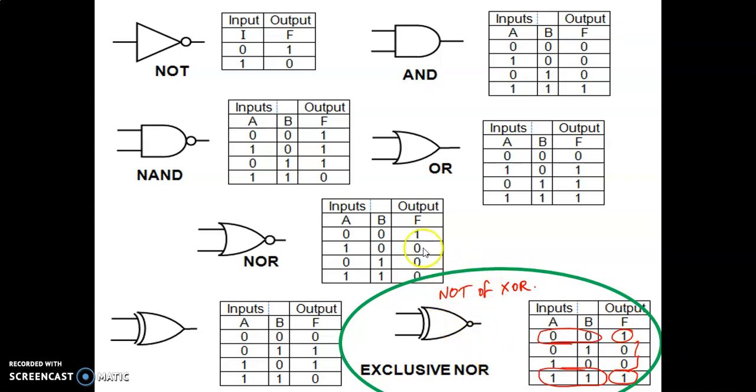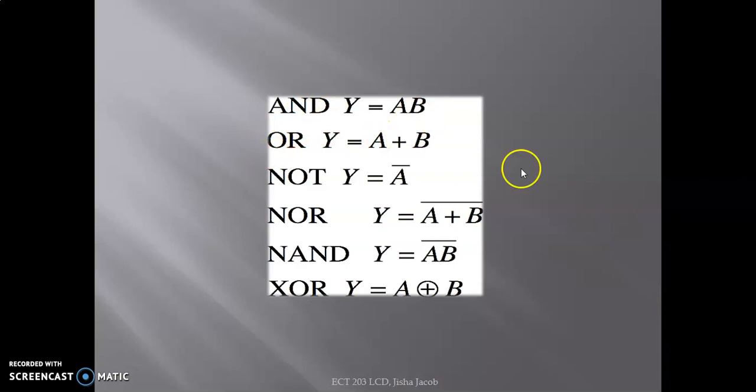We need to know the truth tables, the symbols and the expressions of all these basic logic gates fundamentally. These are the symbols once again. AND gate is AB or A dot B, OR is A plus B, or we read it as A or B. Y is equal to A bar or not of A. NOR is A plus B whole bar.